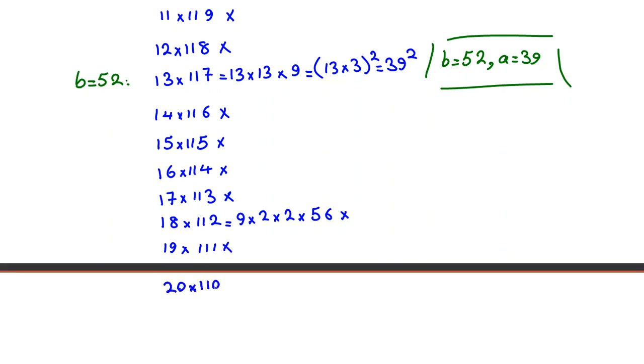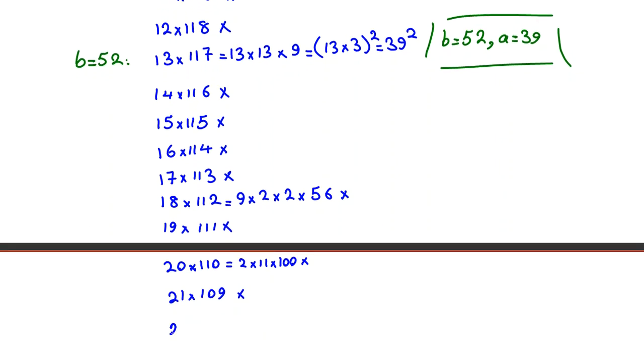Next one, 20 times 110, which is 2 times 11 times 100, the power of 11 is 1. It's bad. 21 times 109. This one also is bad. The power of 3 is what? 1. 22 times 108. The power of 11 is 1 because 108 is not a multiple of 11.